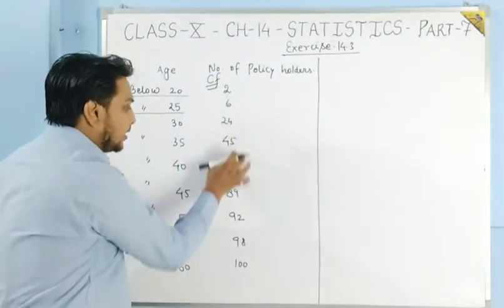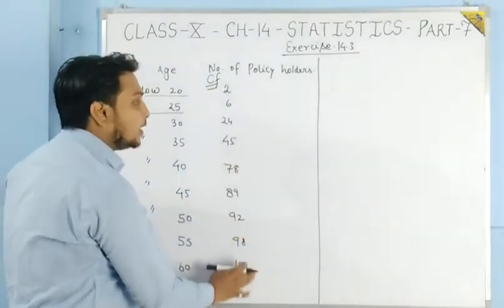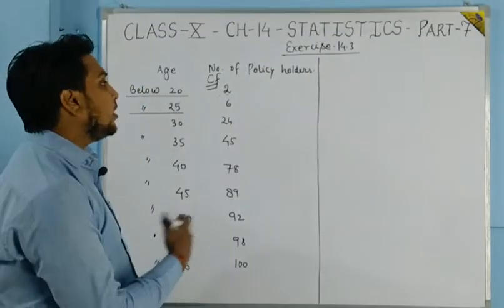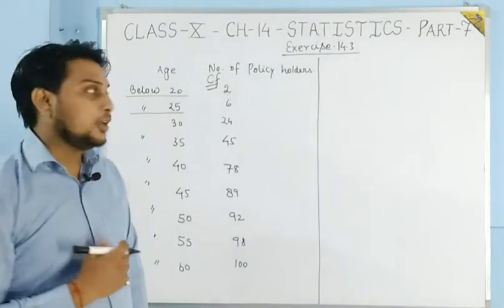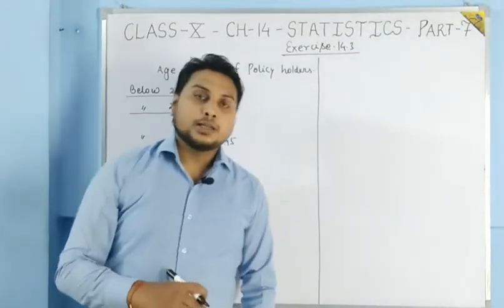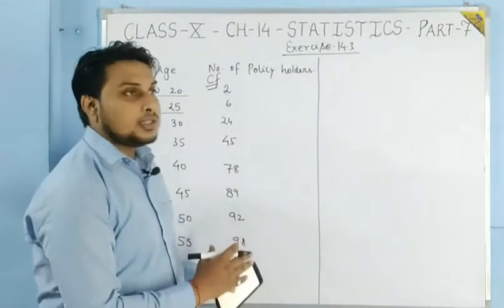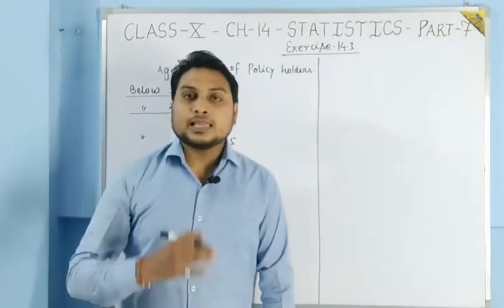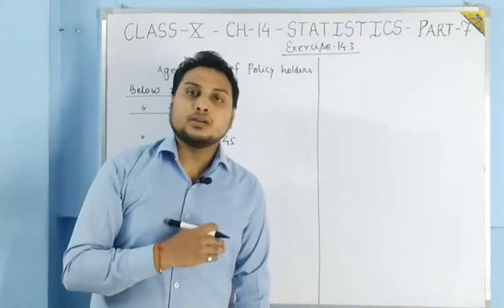This is not the frequency, it is the cumulative frequency. And how can we find the frequency from the cumulative frequency? As you can see, students, in the questions where frequency was given, how were we finding the cumulative frequency? By adding the next frequency, right?